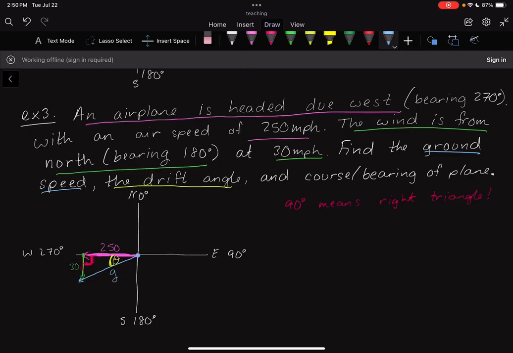So when I find my g here, I can use Pythagorean theorem. So g squared is equal to 30 squared plus 250 squared. And I can take the square root. And let's see what I get. I get 251.8. So this is my ground speed.